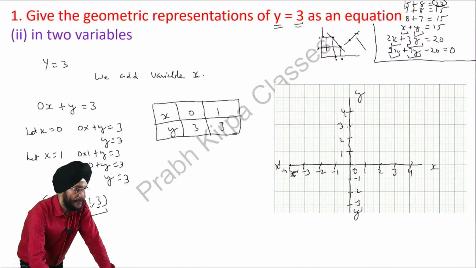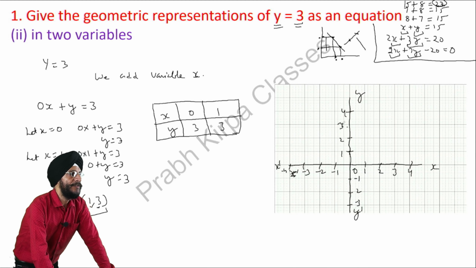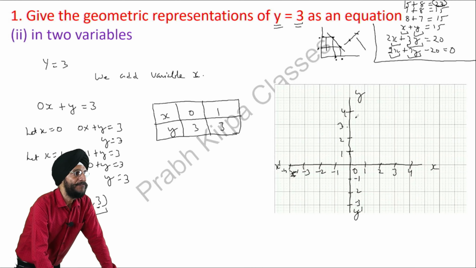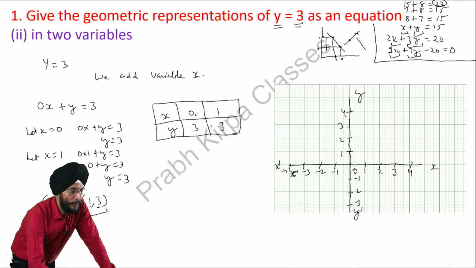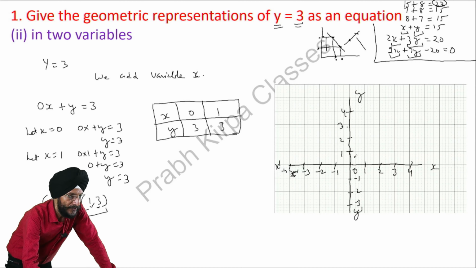Now on the basis of the solutions which we have found, that is on the basis of the values of x and y which we have found, we will form the graph. This is the value of x, this is 0, here it is 0, value of x is 0. Now the value of y is 3, so here the value of y is 3.